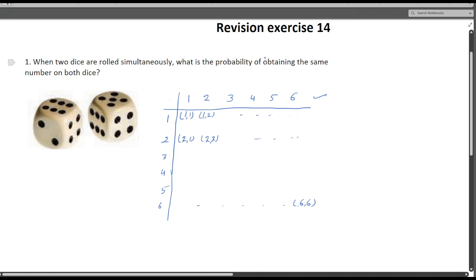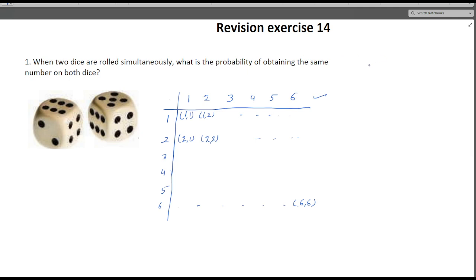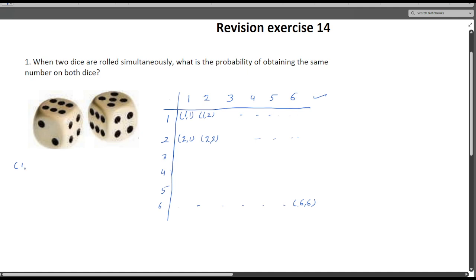Now our problem is, what is the probability of obtaining the same number on both the dice? So same number on both the dice may be like 1, 1 or 2, 2 or 3, 3 or 4, 4 or 5, 5 or 6, 6. These results give me same number on both the dice.